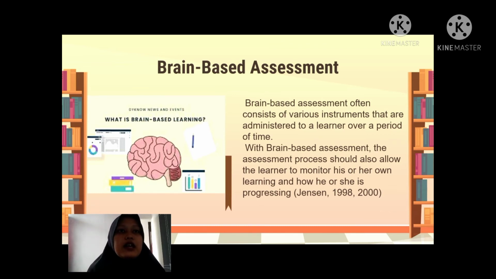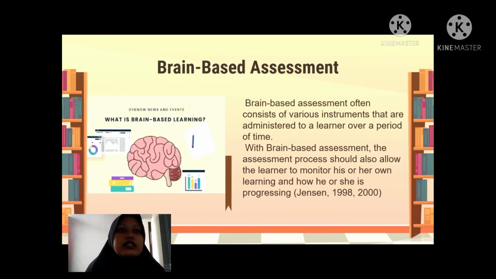The instruments allow for multiple measurements to be taken that can provide a holistic picture of learner achievement. This is often accomplished through the creation of a portfolio that includes artifacts that demonstrate student achievement and growth in learning.